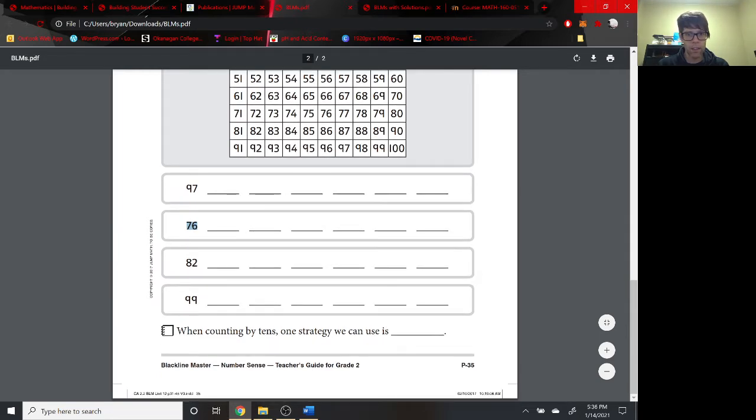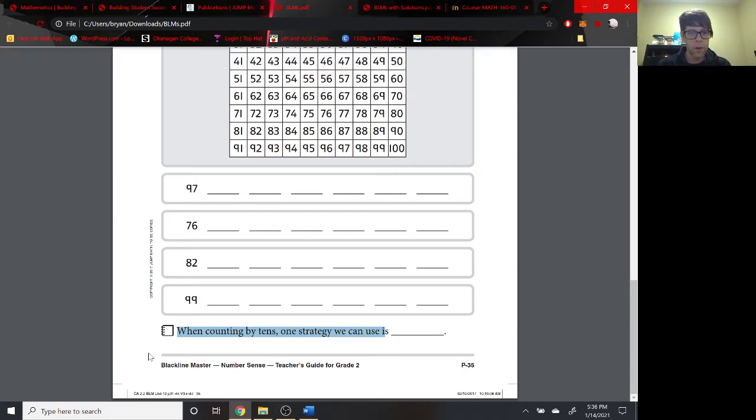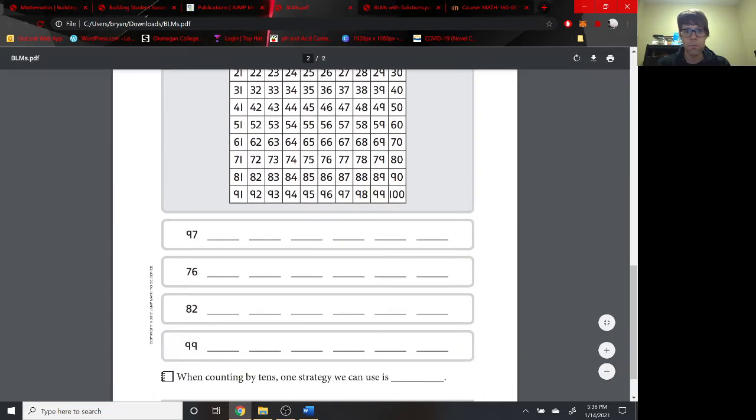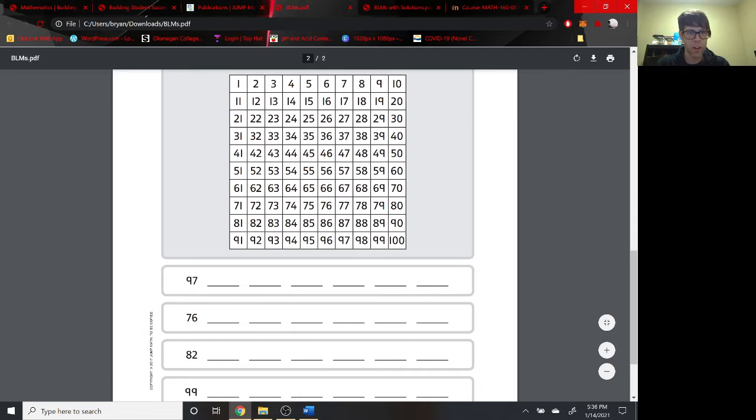And then at the end, I have a little exit ticket that they can write down in their book: when counting by tens, one strategy we can use is... and then we hope that they don't say, look at, ask Colton or whatever. Hopefully they'll come up with a different kind of strategy, one that actually involves talking about this patterning that we talked about, maybe in the tens column, or perhaps this pattern of sticking within the same column inside of our hundreds chart.